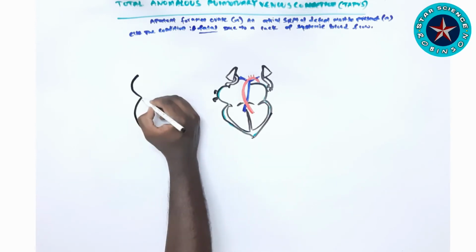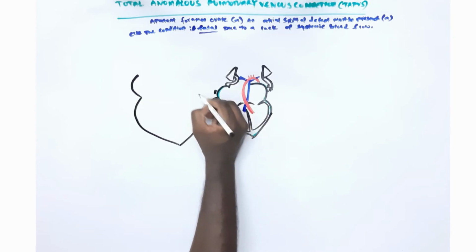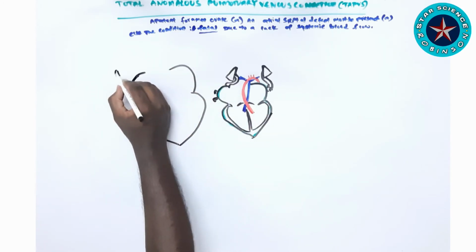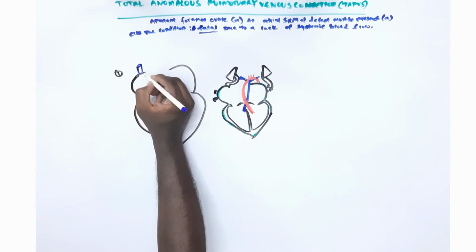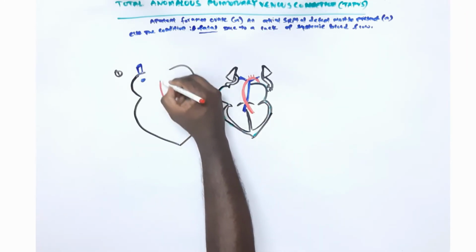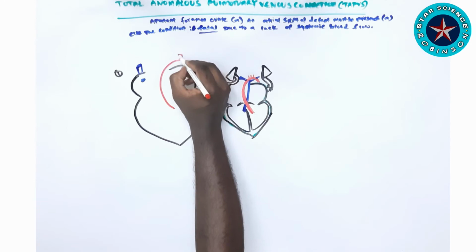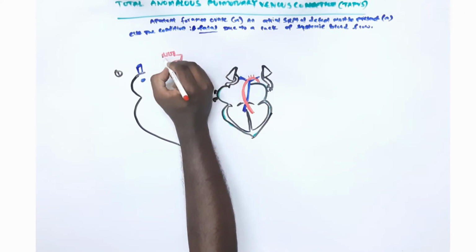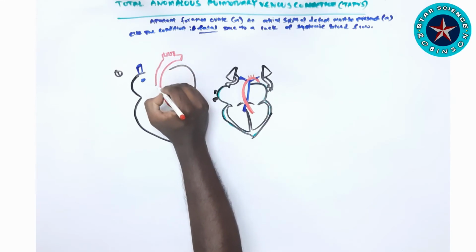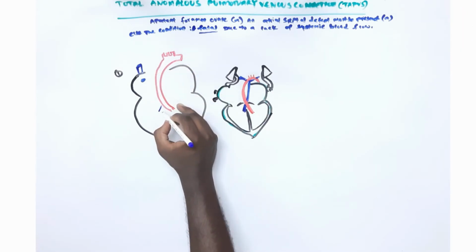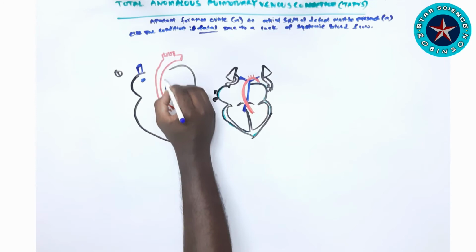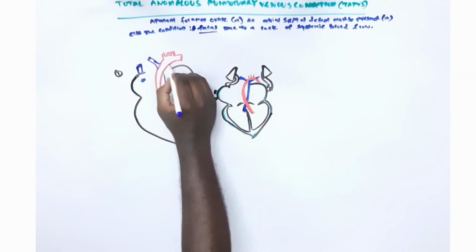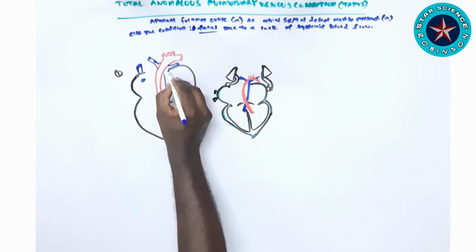Now we'll go with the first phase of our topic, that is the supracardiac type. As I'm showing you in the diagram, this is how the pulmonary veins get connected to the right atrium. First we'll draw the aorta, then we'll draw the pulmonary artery, and as we draw this, we'll go for a proper explanation.